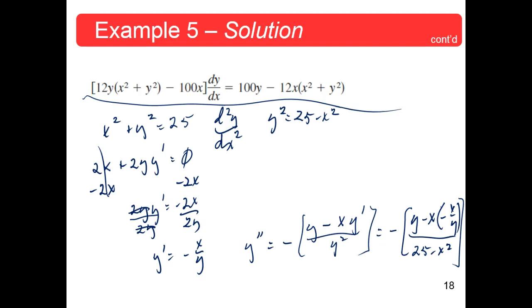And I think we're just about there. So that would be a minus y plus x squared over y over 25 minus x squared. Now, they may not have done that, and there may not be any reason to do that, but I just thought it looked like a simple thing to do.